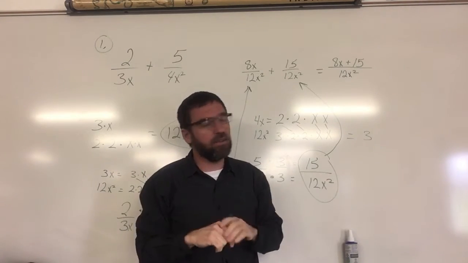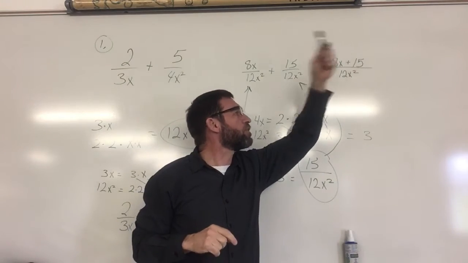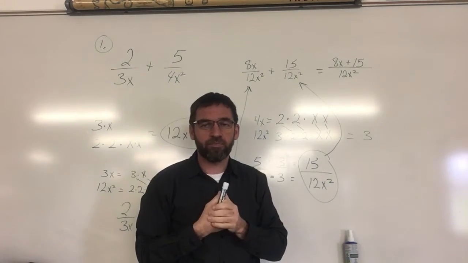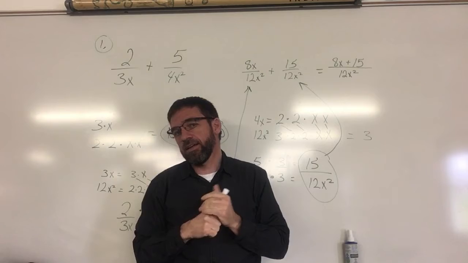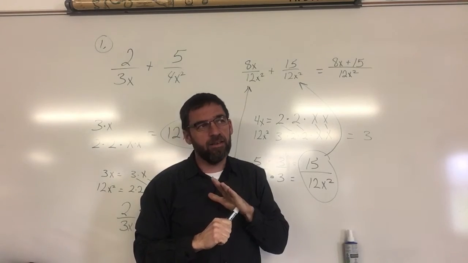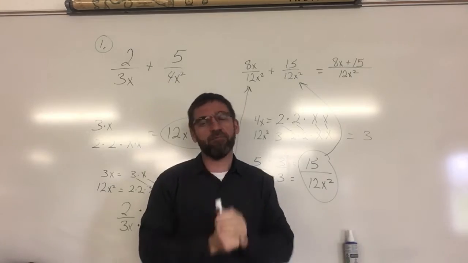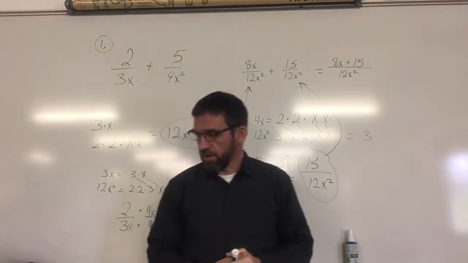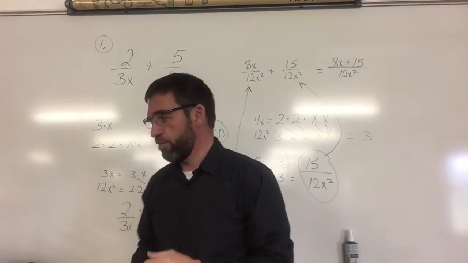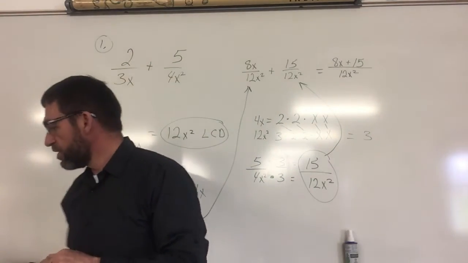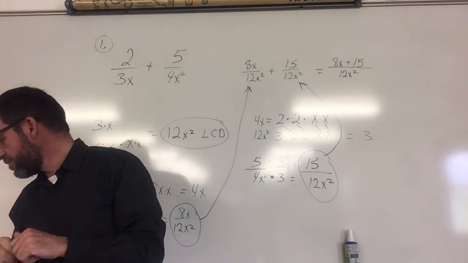You can't add those together. So I just combine them. 8x plus 15. That's your answer. So it's more or less, should I say, combining answers more than what it's adding. That's what it is.